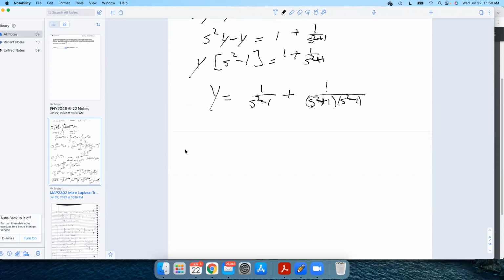So that factors: 1 over s minus 1, s plus 1, plus... I was factoring this one, s plus 1.